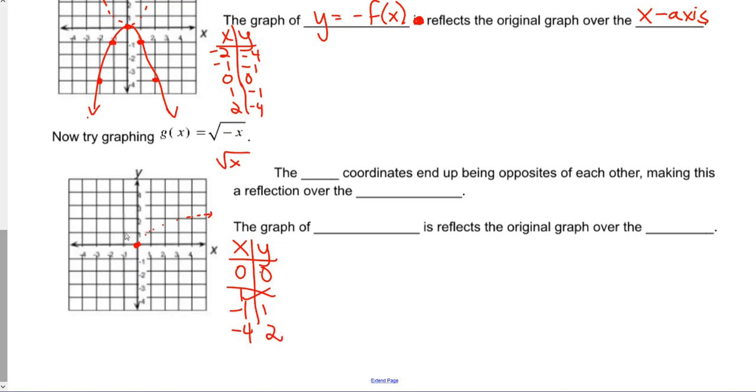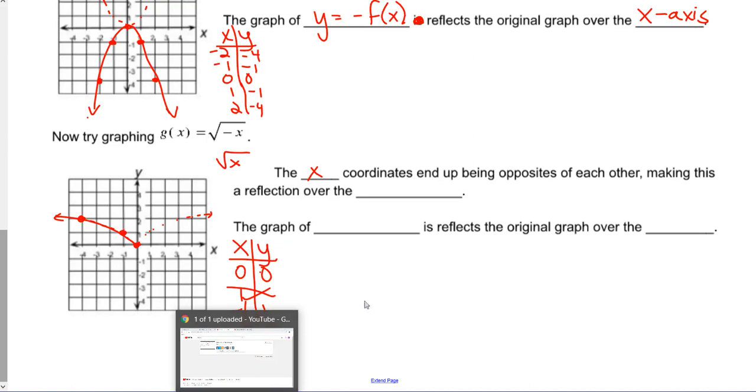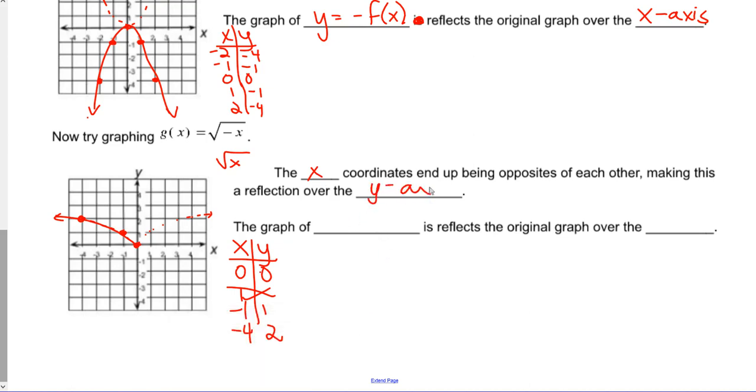So if I graph negative 1, 1, negative 4, 2, now from this original, what I have now done, whoops, I'm going to solid that. Now what I've done is actually reflected that over the y-axis. Each one of those is a reflection over the y-axis. So the x-coordinates end up being opposites of each other, making this a reflection over the y-axis.